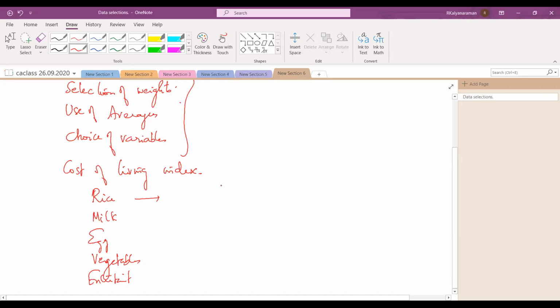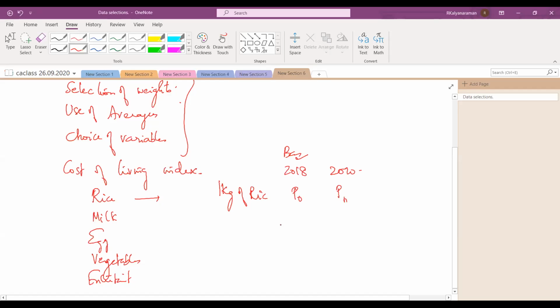For example, 1 kg of rice in 2018 and 2020. Suppose I take this as the base here. So the price in 2020, suppose I call this Pn, this is P0.